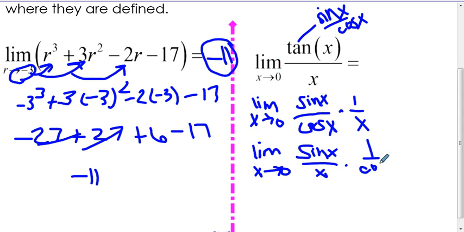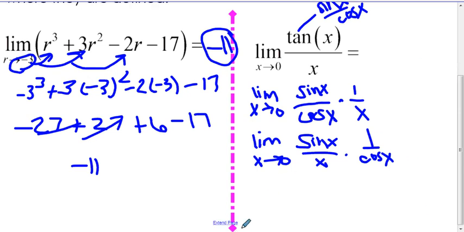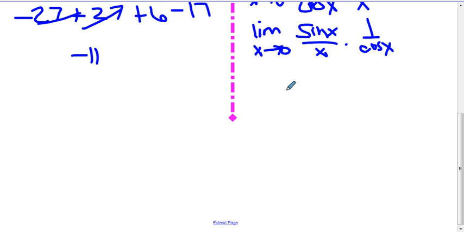Now we can do this because multiplication is commutative, and we still would get sine of x over x cosine of x when we multiplied it out. Now, due to that product property, we can split this up and we can find the limit of the first piece.